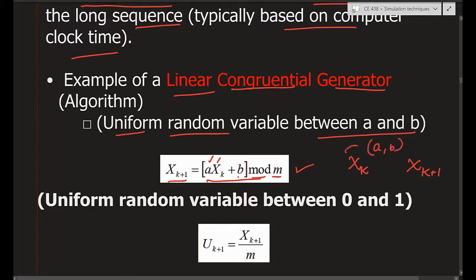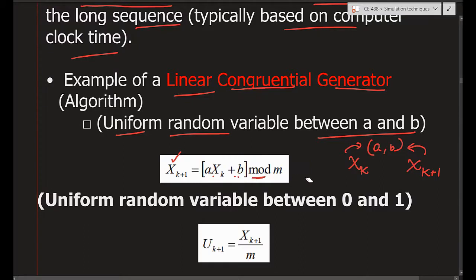My xk is between a and b, and my xk plus 1 is also between a and b. This formula says a times xk plus b mod m. What this means is, I have a number a xk plus b, and then divide by m, and whatever the remainder is, that is my xk plus 1.